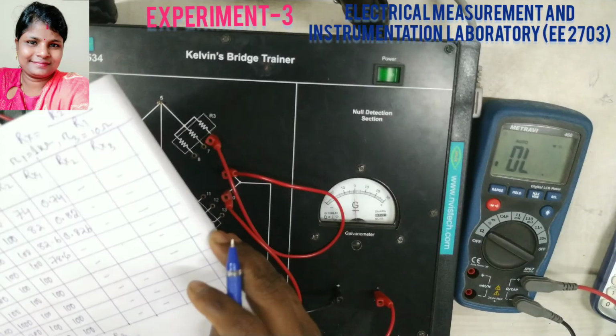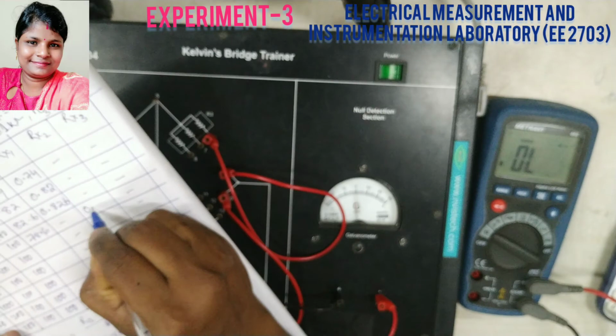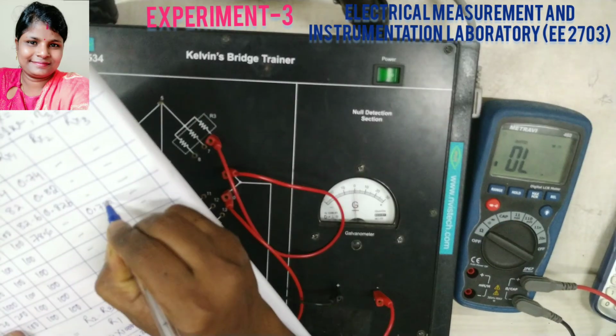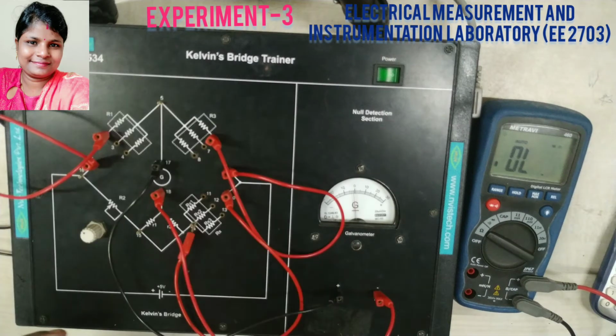So here, using the formula, this Rx2 is 0.786. So let's do for the fifth row.